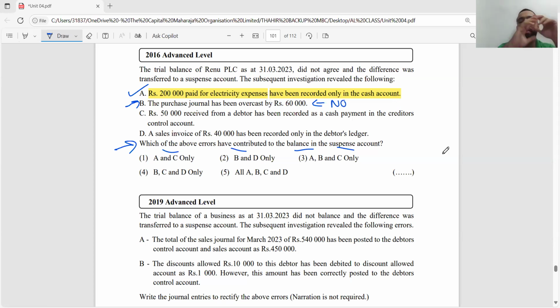In the second one, B, the purchase journal has been overstated by 60,000. Is the trial balance tallying or not? I want the answer.